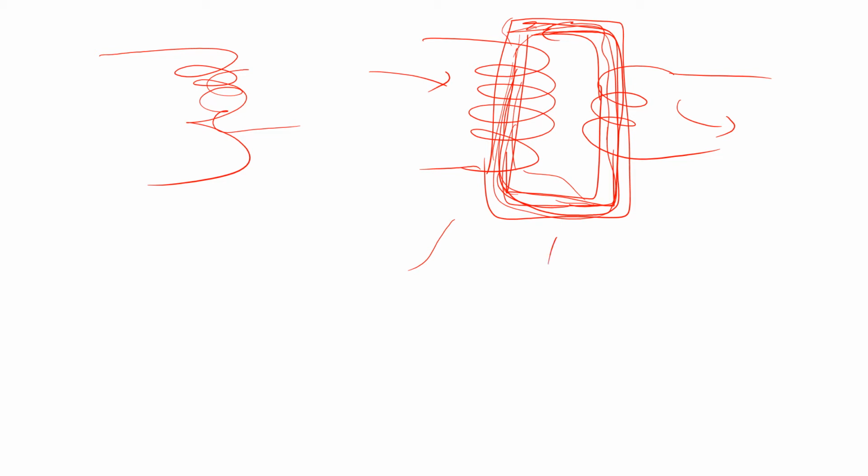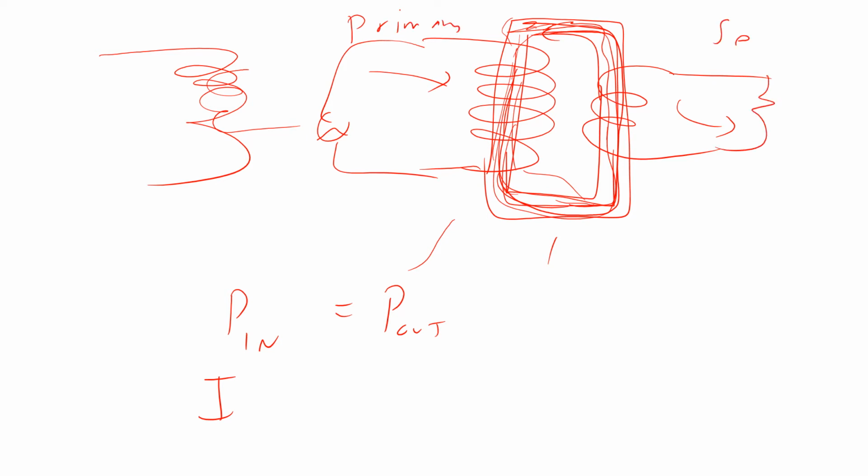But in an ideal transformer, power in equals power out. Power in is on what we call the driven side, the primary coil, and the other side is connected to the load, the secondary coil.